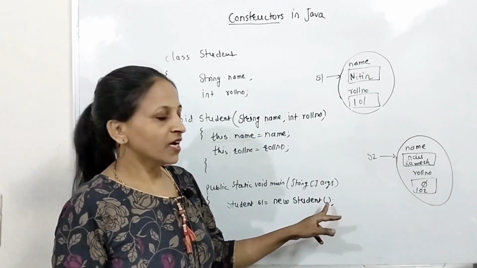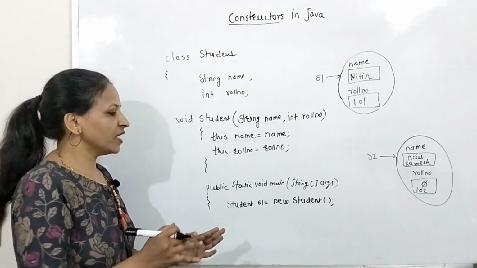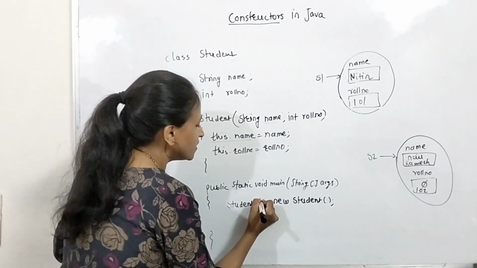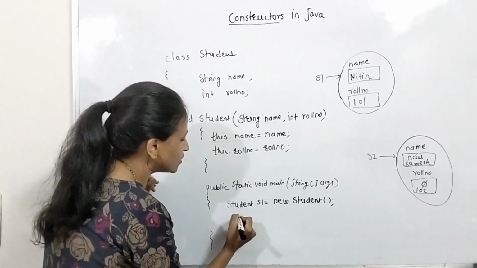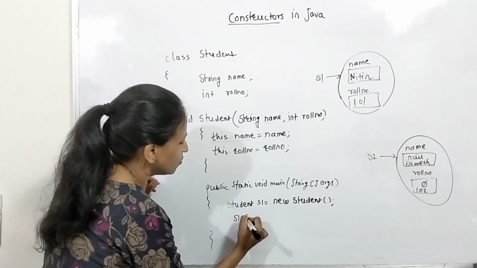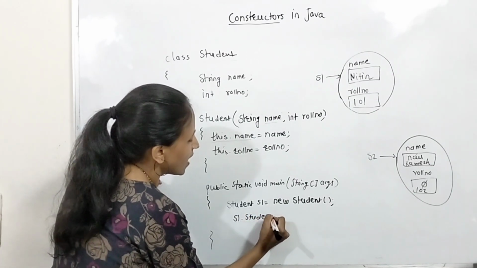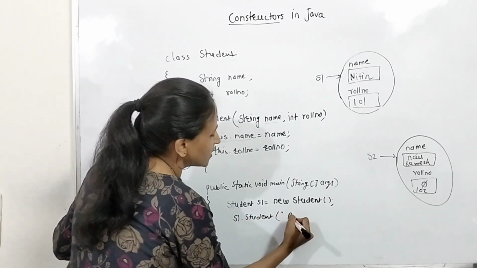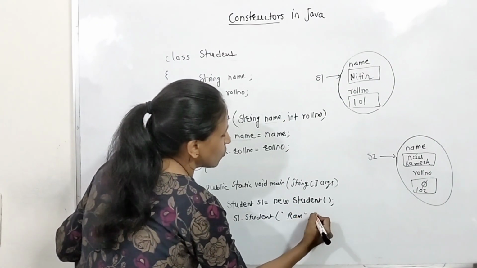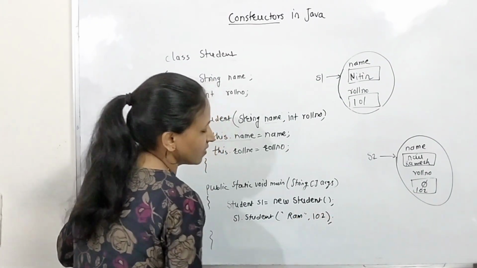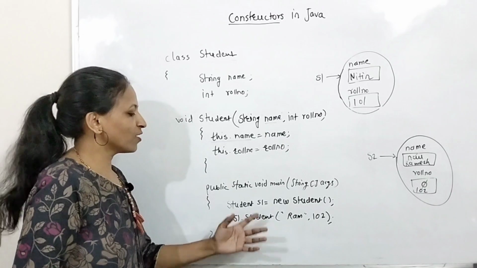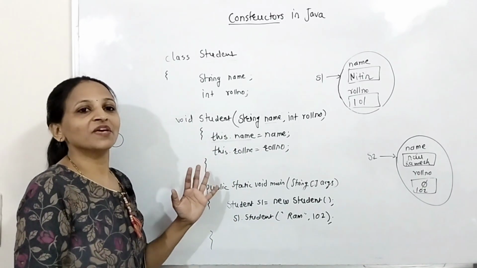Now no error will be there. But we can call this using a statement like s1.Student, and then you can pass arguments, let's say Ram, 102, anything. In this way you can now call a method. This is now a method.